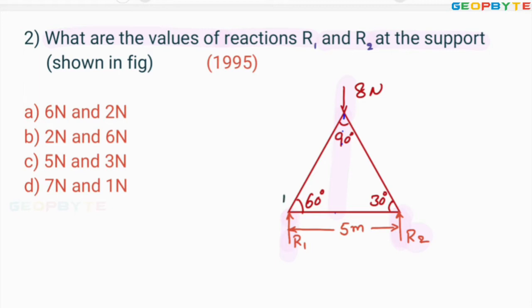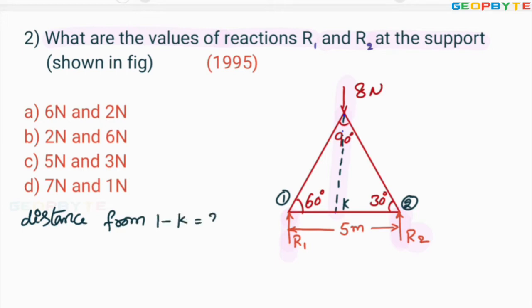Given that left support is 1, right support is 2, then that load is acting at a point K on the beam from the left support or right support. For finding the R1, R2 separately, you need to find the distance from 1 to K. How much is it?